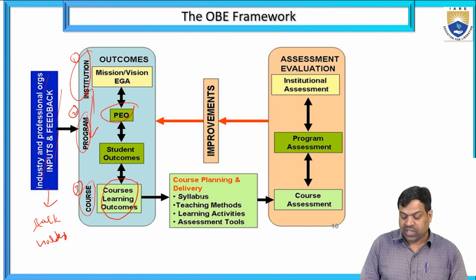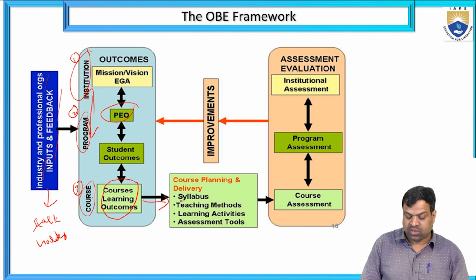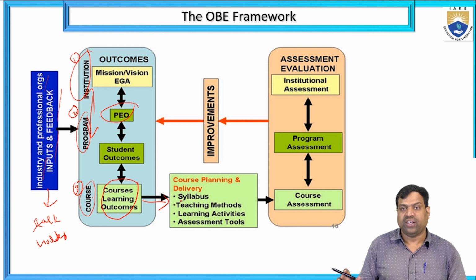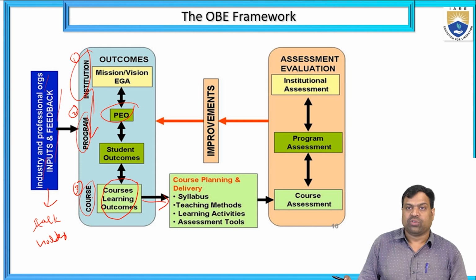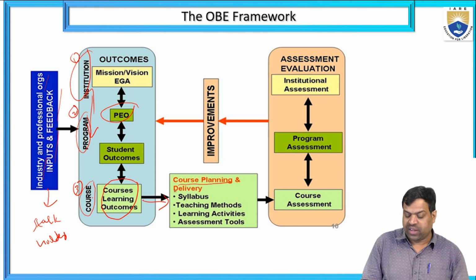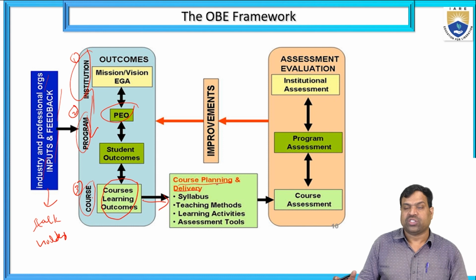So what is the course planning and delivery in that course? Suppose one student has selected one particular course. What is the importance of that course? How are they planning and delivering the course? It completely depends on teaching. So what is the duration, how many classes do they need, and how are they covering the syllabus? Is it possible to cover it in those limited classes?